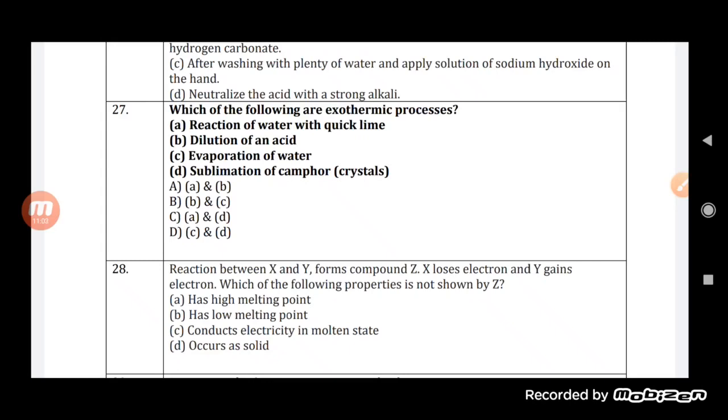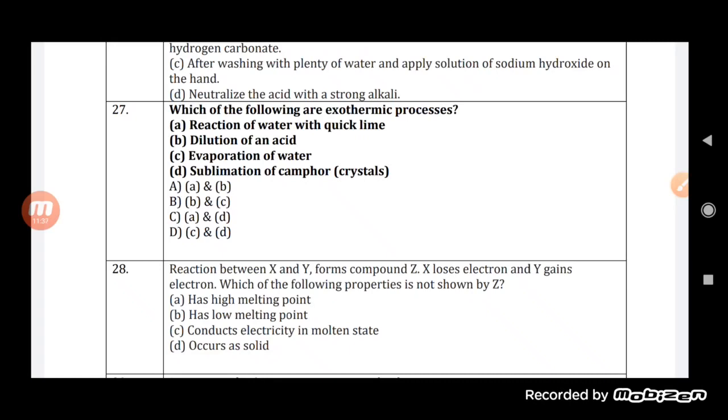The options given are: reaction of water with quicklime, dilution of an acid, evaporation of water, sublimation of camphor. Now see here, the reaction of water with quicklime produces a lot of heat. So it is an exothermic process, meaning heat is evolved in this reaction.